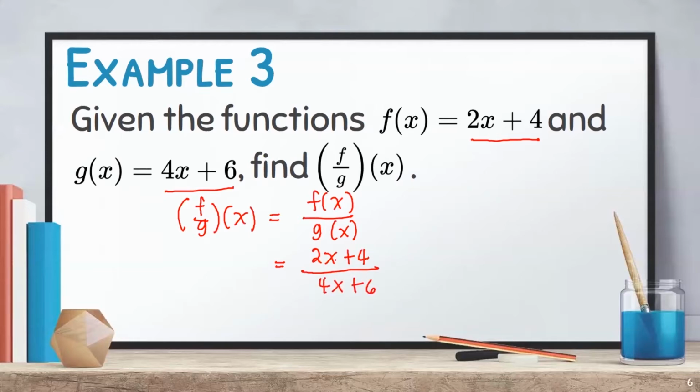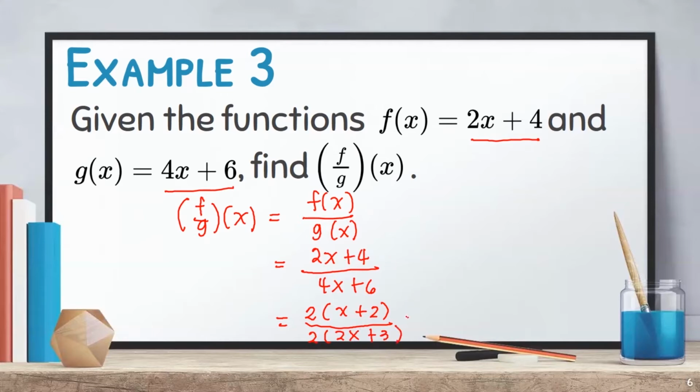Observing the functions 2x plus 4 and 4x plus 6, we can express the numerator and the denominator in factored form, such that the numerator will become 2 quantity x plus 2 and the denominator will be 2 quantity 2x plus 3.